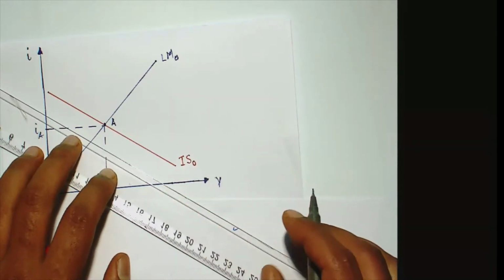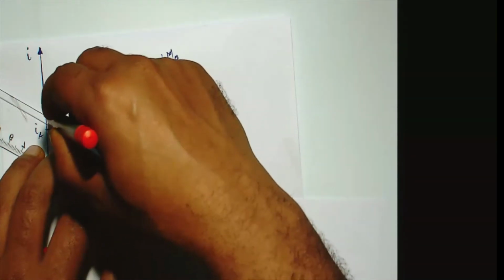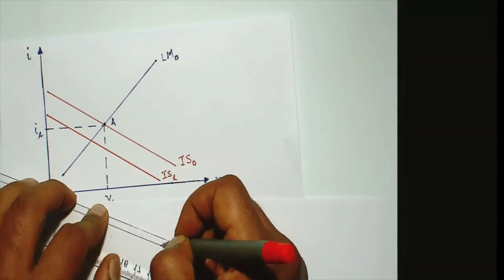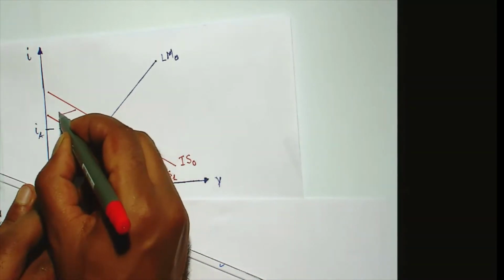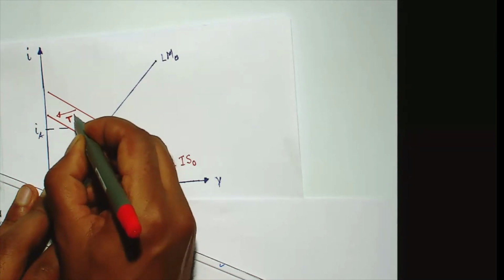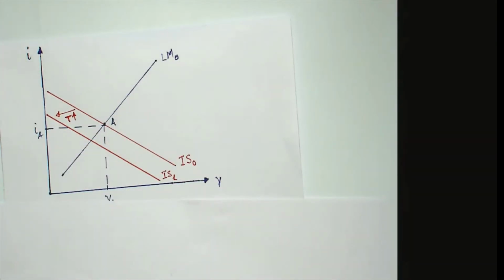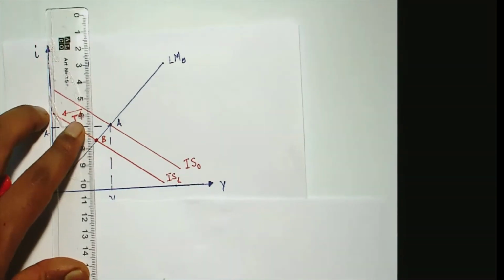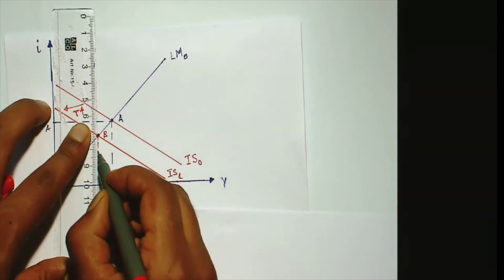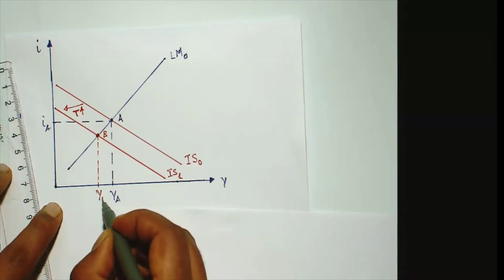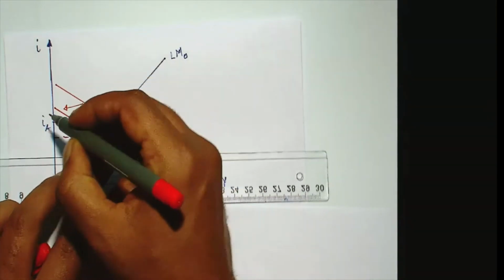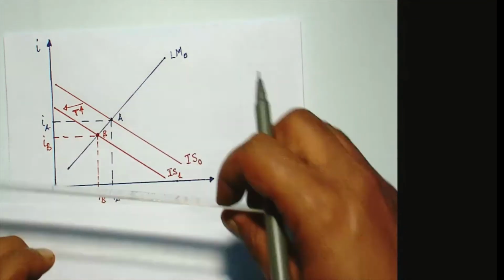The IS curve was initially at IS0, so if tax increases, our IS curve would shift to a new position which is indicated by IS1, and this shift is actually motivated by an increase in our variable tax T. Here again, we would have a new equilibrium which is indicated by point B, and at point B it is easier to see that we have a new income level which can be represented by YB, and a new interest rate which is represented by IB.